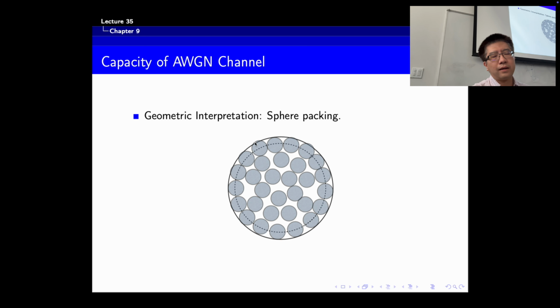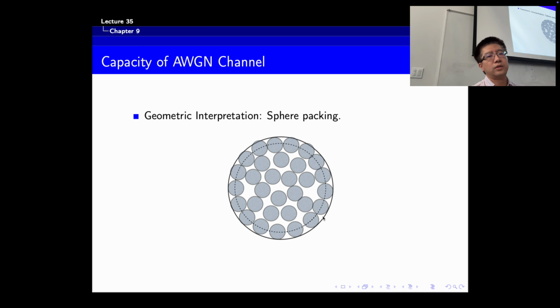Each small sphere represents a transmitted codeword x. Since the power of each x is P, the radius of each small sphere is square root of P. The channel capacity basically means how many small spheres can fit in this big sphere. That's called sphere packing.